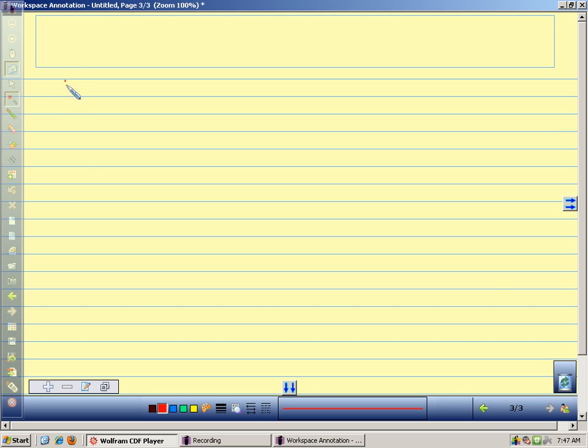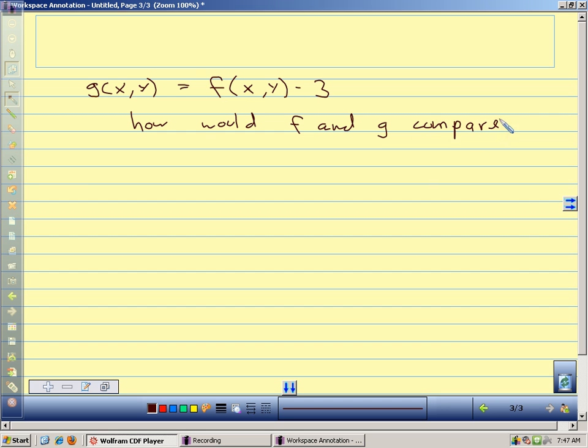If we have a g of xy equals some function f of xy minus 3, how would the graphs of f and g compare? Caitlin says they'd be shifted.